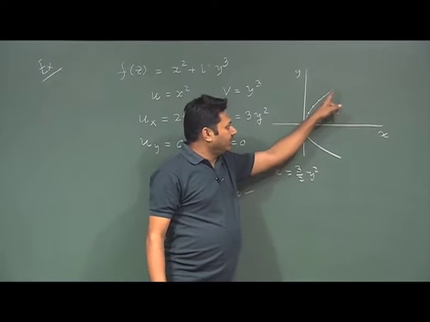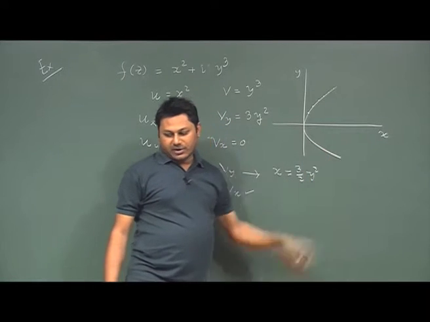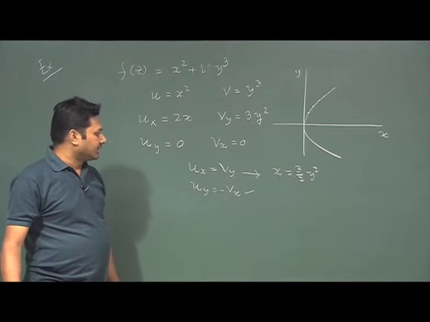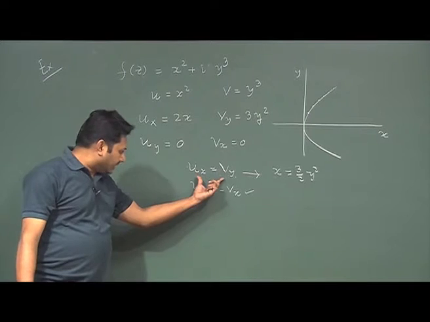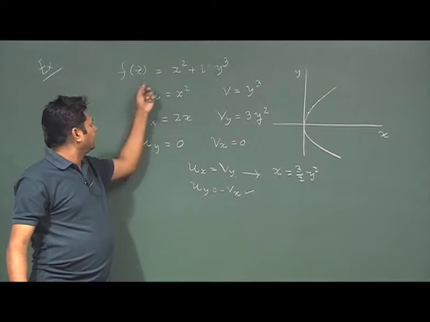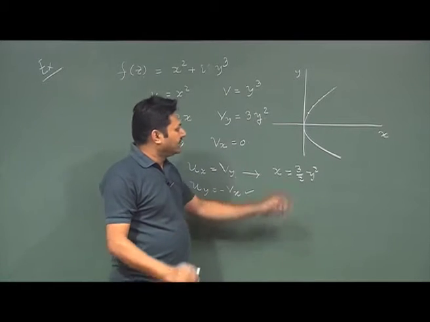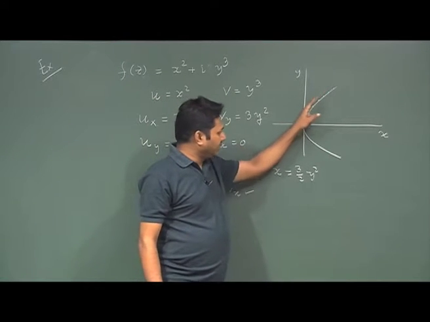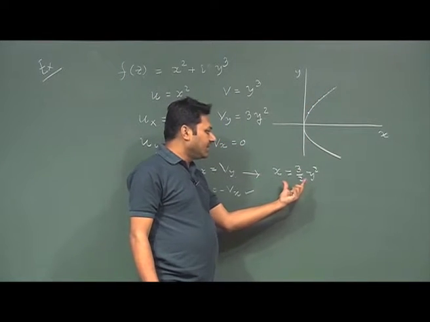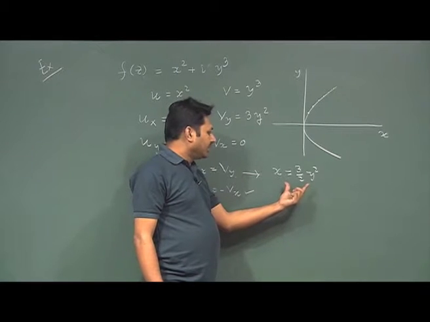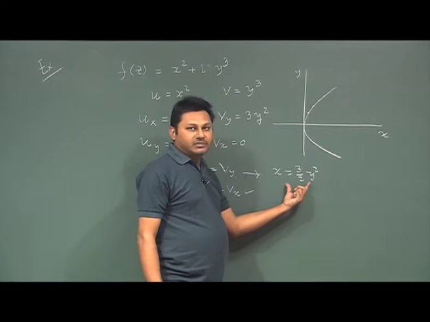Only over these points the function is analytic. So, that means there is a restriction over this function. I should not say the function is analytic, I must say that over these points where this relationship is valid, the function has some kind of derivative.